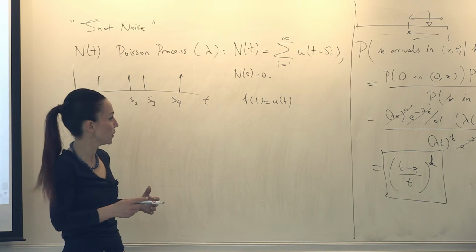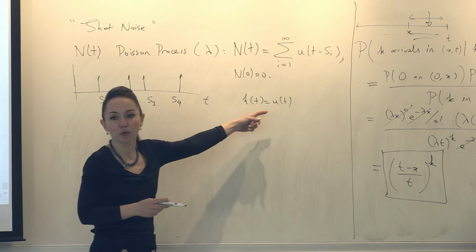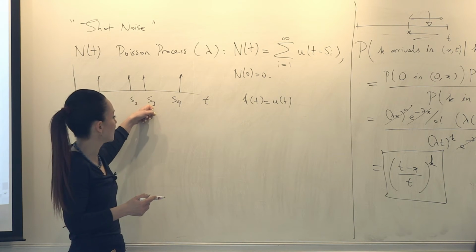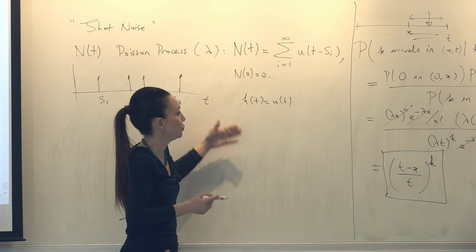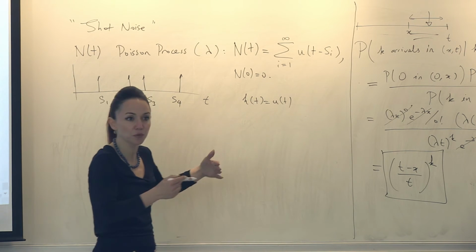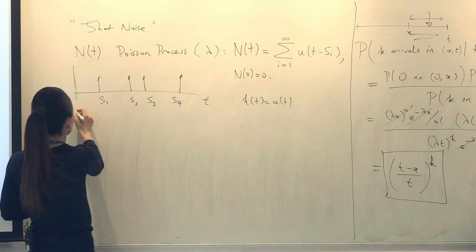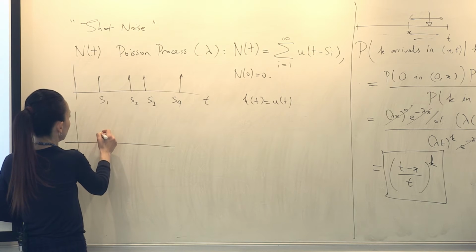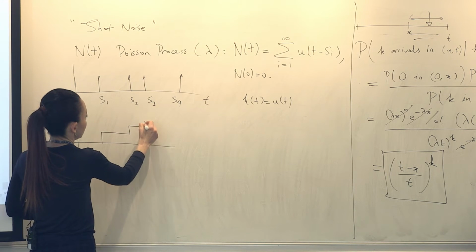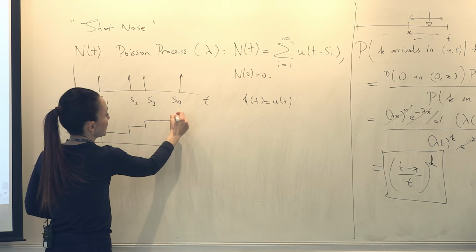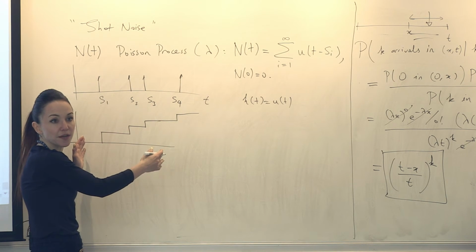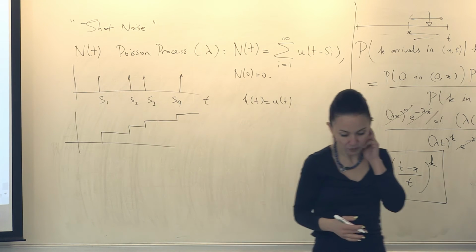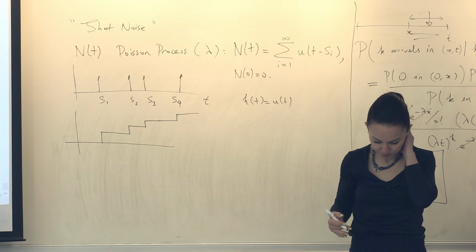When you convolve an impulse with u of t, you get u of t. And when you convolve an impulse placed at S3 with u of t, you get u of t minus S3, for example. So you have these things adding up. As a result, I have these u of t functions, unit step functions adding up to form the n of t counting process.